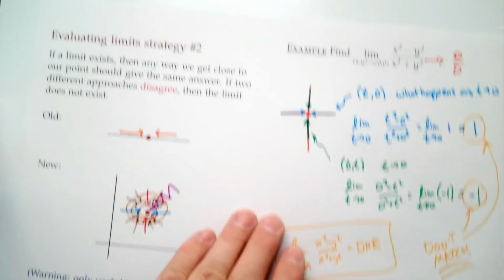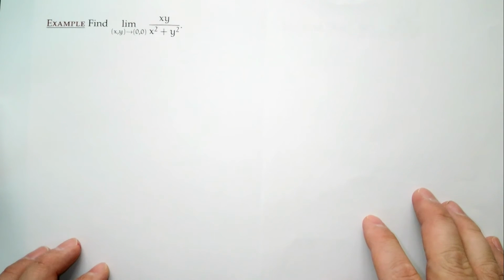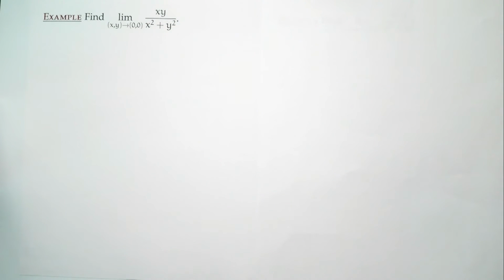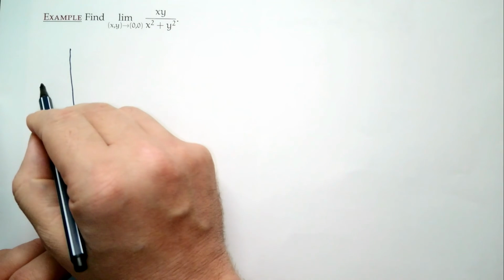So, let's try another one of these. Find the limit as (x, y) goes to (0, 0) of xy divided by x squared plus y squared. All right. How do you want to approach?